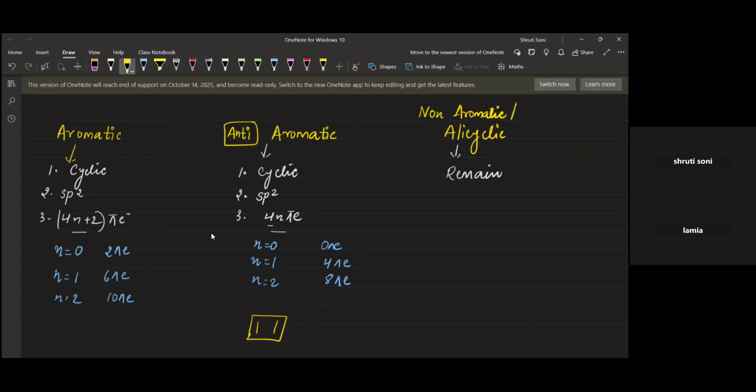So you can note down one more thing in here, the stability order. Stability order: aromatic is most stable, then non-aromatic, and in the end, anti-aromatic.